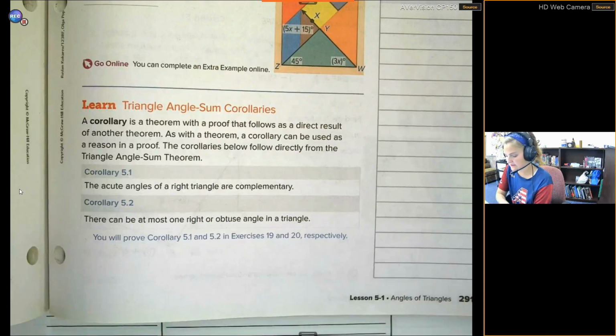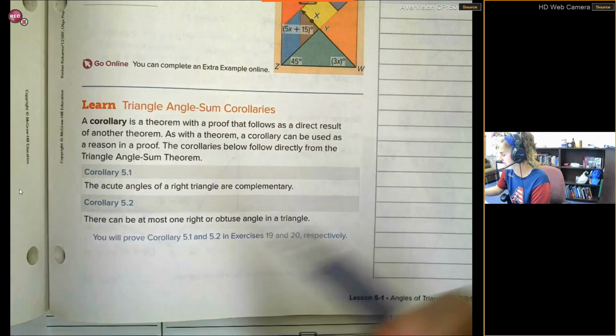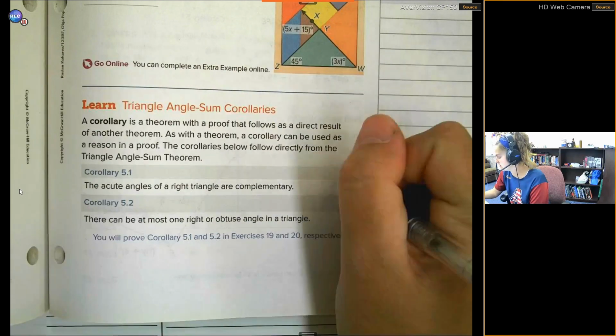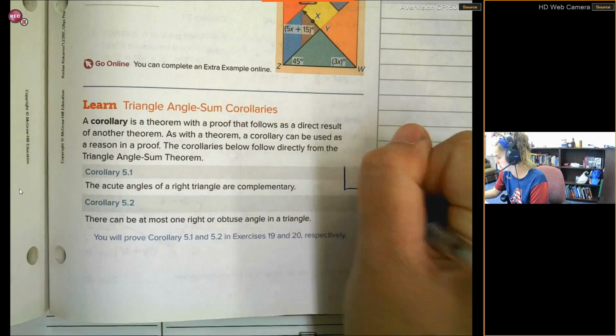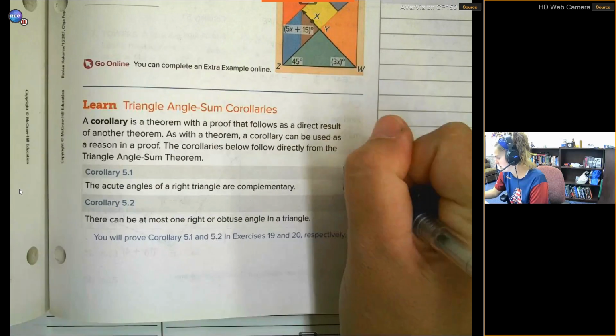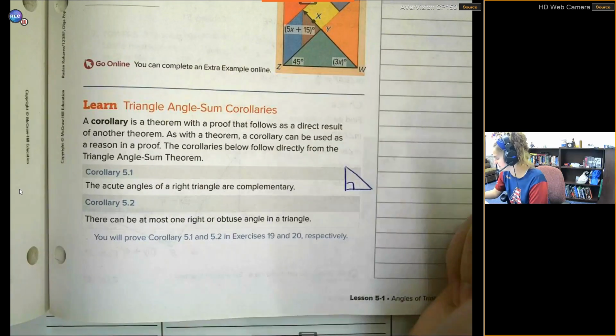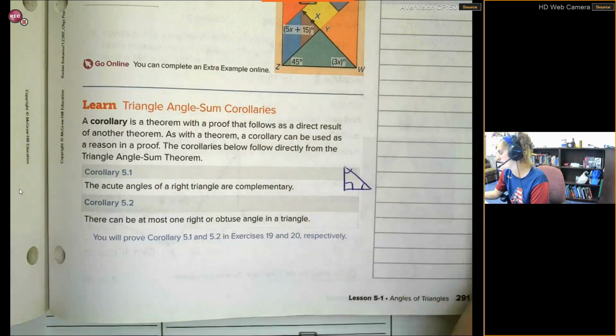Why does this make sense? What do we have in a right triangle? A 90-degree angle. And it says that the acute angles have to be complementary. Why would that be true?